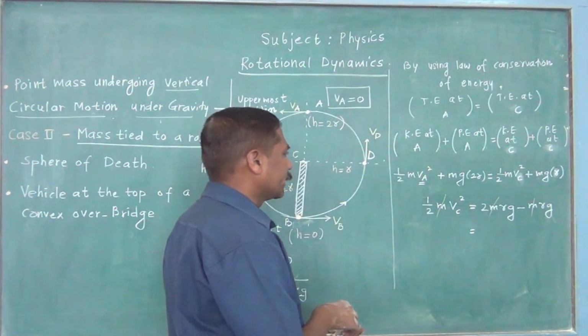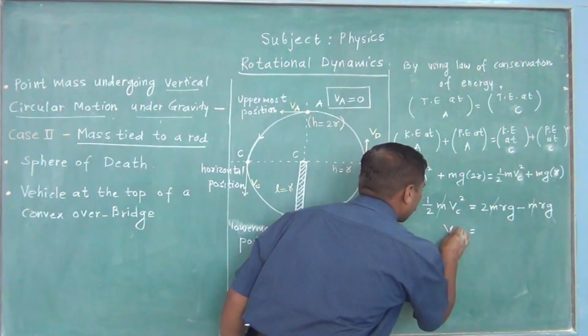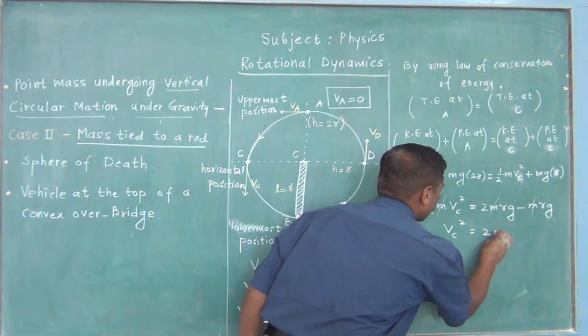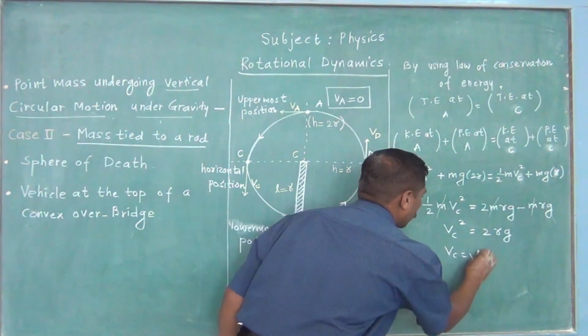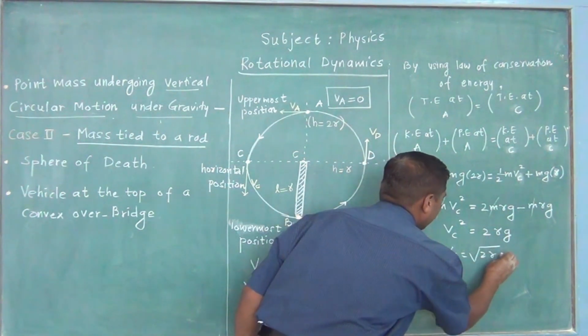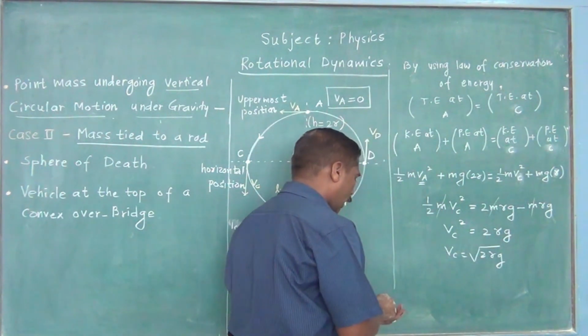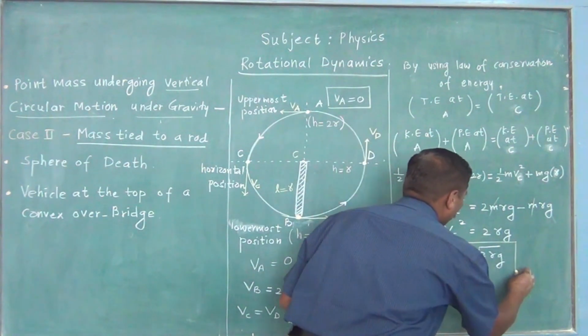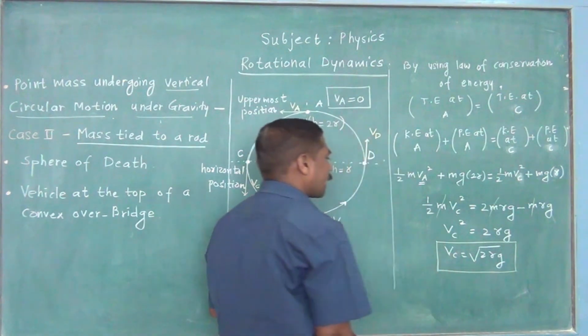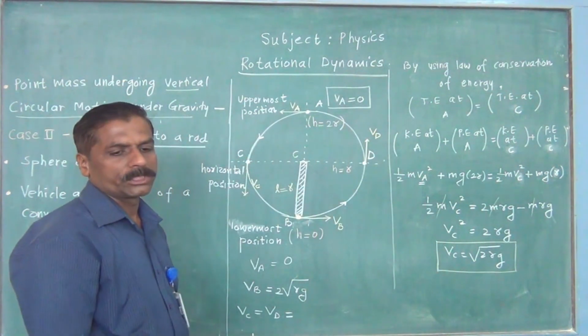So you will find Vc square is equal to 2 times of Rg. By taking the square root, you will find it is under root of 2Rg. So this is nothing but the expression for the velocity at a horizontal position.